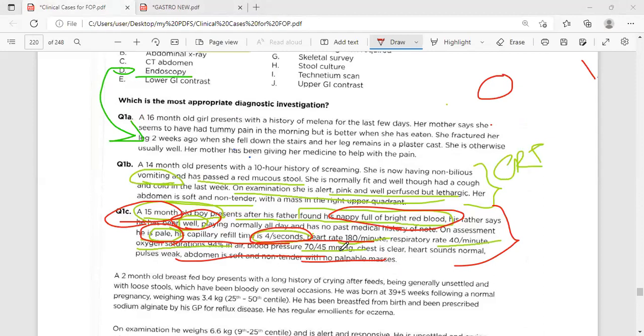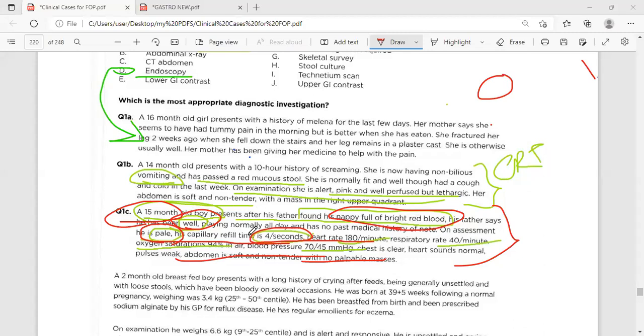Another thing is that there would be an important history of constipation. There should not be delayed capillary refill or shock. Hemorrhoids usually have a very long history, and the capillary refill time will not be very high. Hemorrhoids don't present this critically. So this is not a case of hemorrhoids.